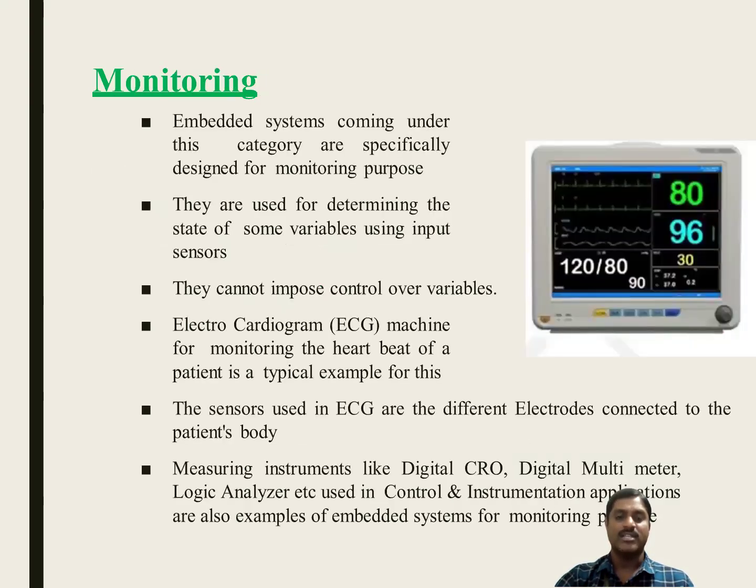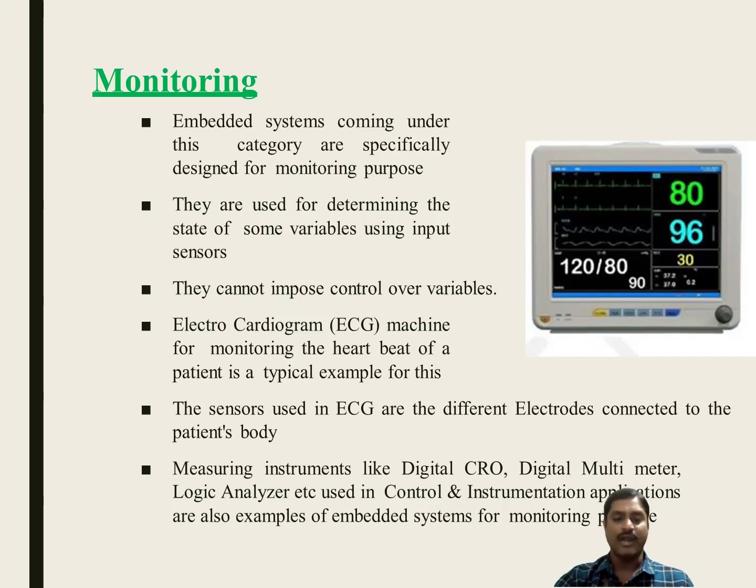Okay, and the next purpose of the embedded system is monitoring. The embedded systems coming under this category are specifically designed for monitoring purpose. They are used for determining the state of some variables using input sensors. They cannot impose control over variables.